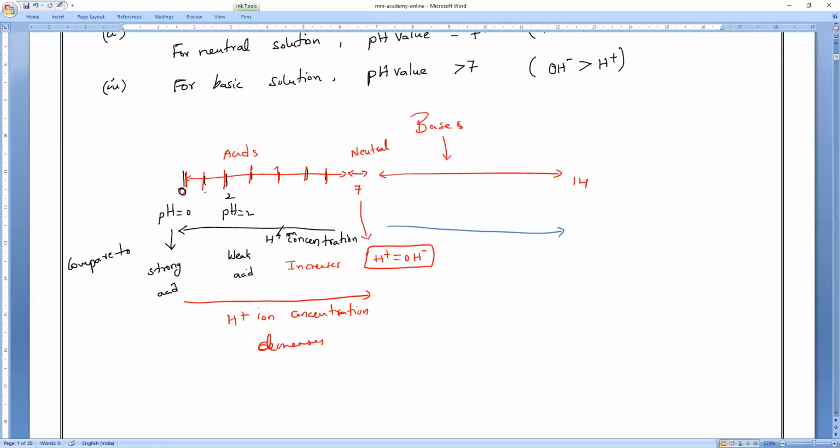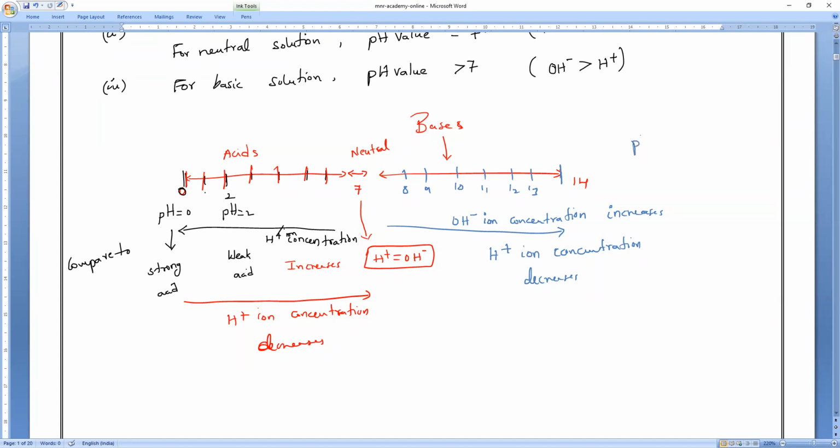So from 7, moving like this, the H plus ion concentration decreases, and the OH minus ion concentration increases. That is why 8, 9, 10, 11, 12, 13, and 14.